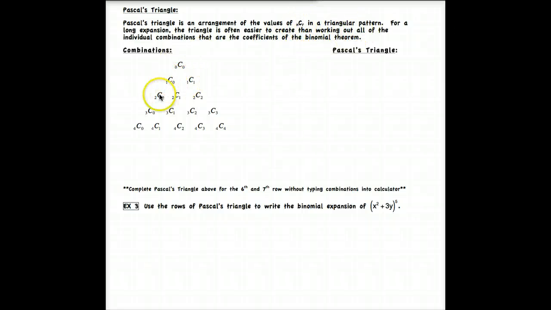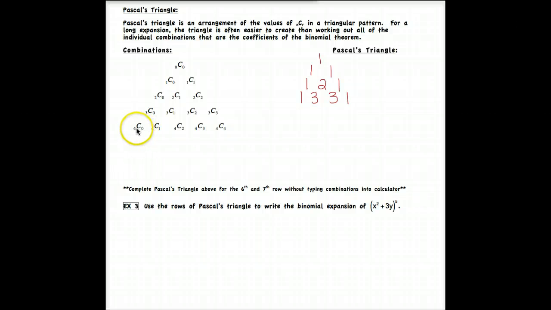So if you actually worked out all of these combinations that are here, it would start out with 1, and then this is also 1. 1 choose 0. 1 choose 1 is also 1. 2 choose 0 is 1. 2 choose 1 is 2. 2 choose 2 is 1. 3 choose 0 is 1. 3 choose 1 is 3. 3 choose 2 is 3. 3 choose 3 is 1.